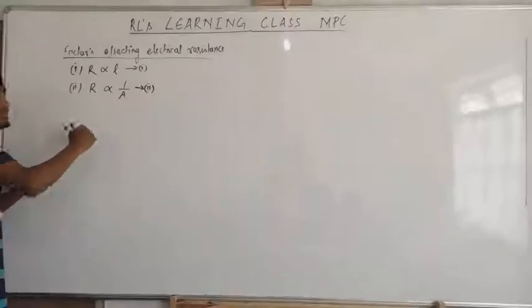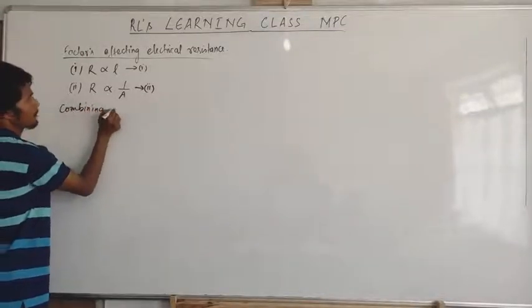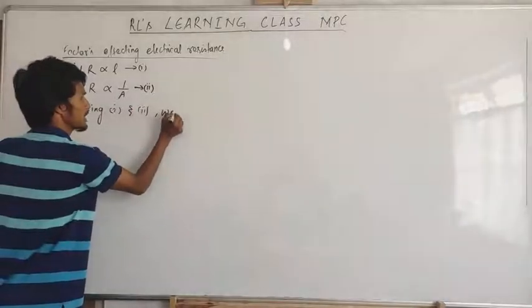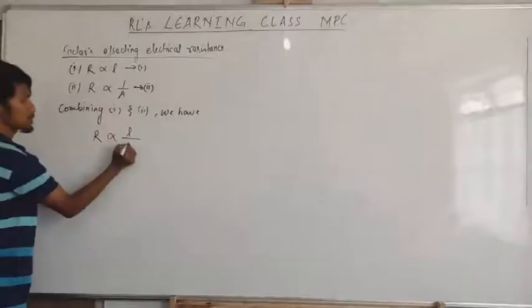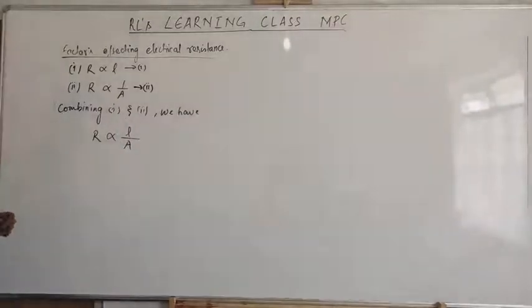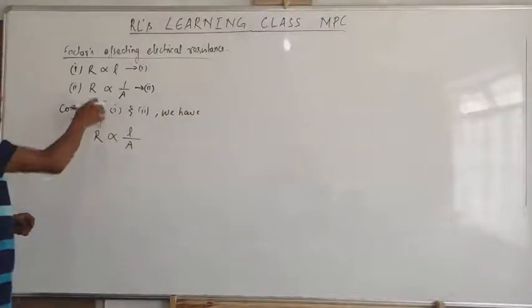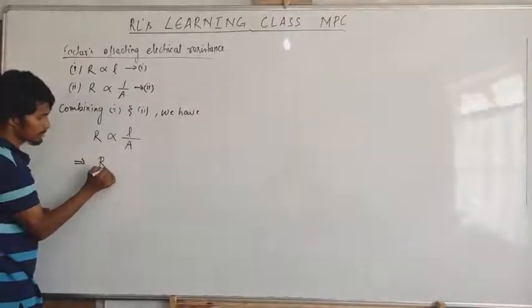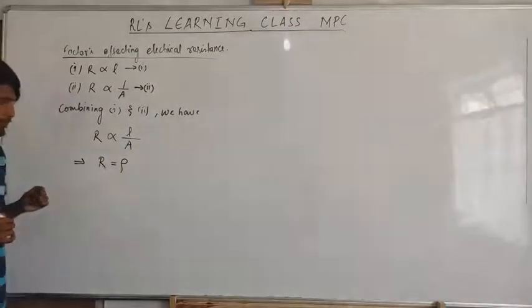Now let me combine these two. Combining 1 and 2, we have R directly proportional to L and inversely proportional to A. From here we remove this proportionality, and then we get a constant term with the symbol rho.